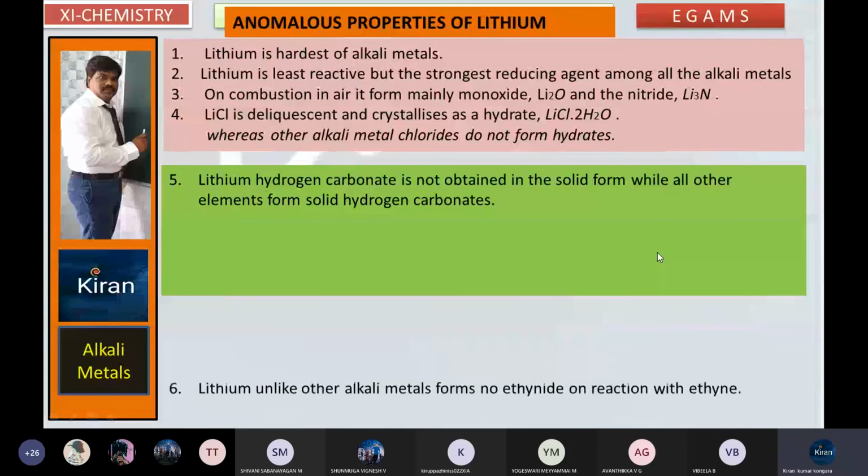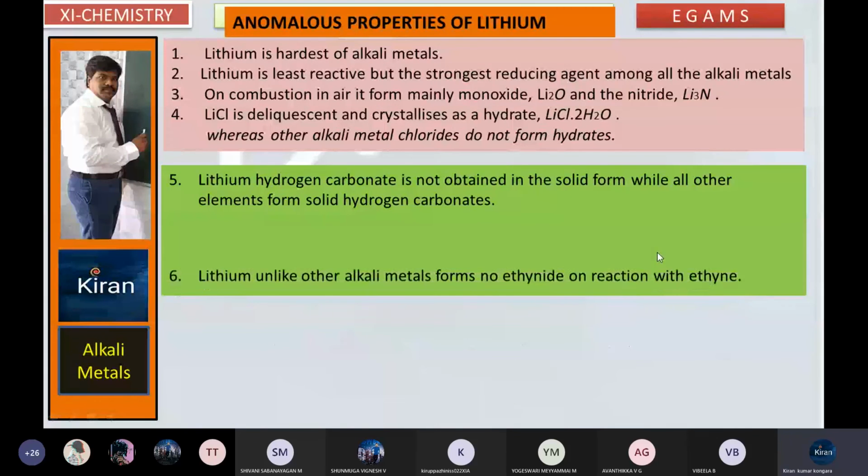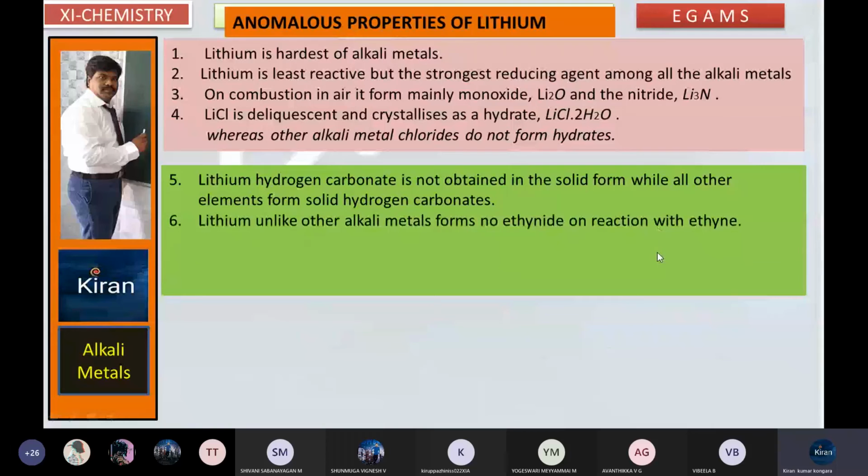This is the sixth different characteristic property. Lithium, unlike other alkali metals, forms no ethanide on reaction with ethine. In the last chemical reaction we studied, all other alkali metals can react with acetylene. Acetylene means ethine. What is the formula of acetylene?